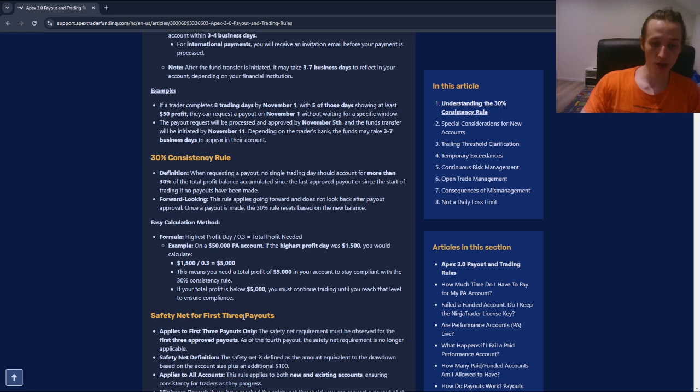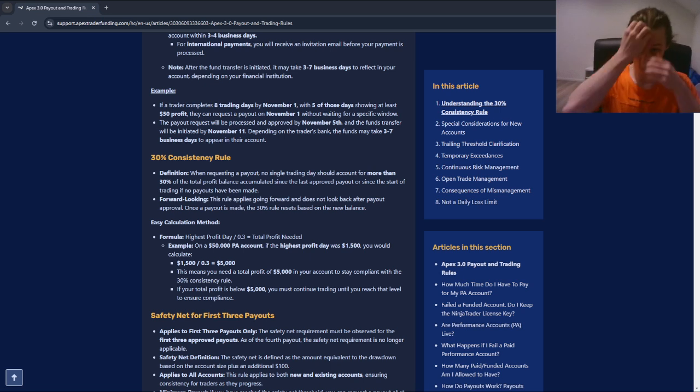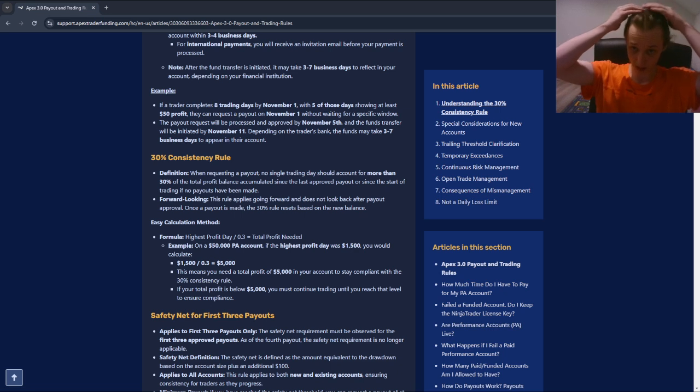The 30% consistency rule is very important, guys. The definition: when requesting a payout, no single trading day should account for more than 30% of the total profit balance accumulated since the last approved payout, or since the start of trading if no payouts have been made. The 30% consistency rule applies to your overall account size.